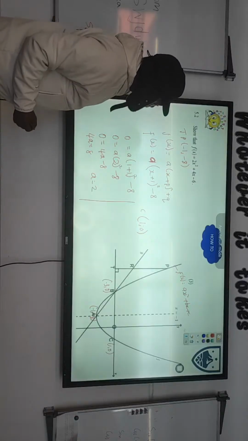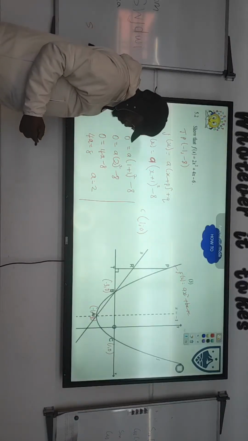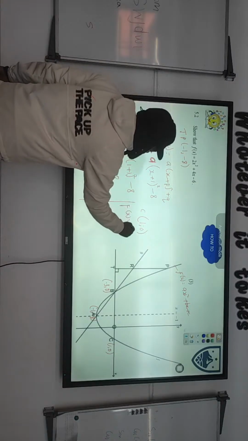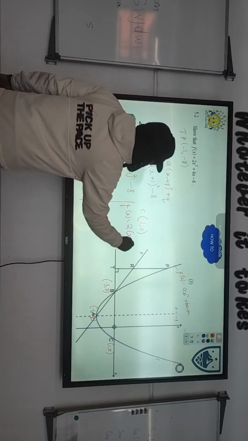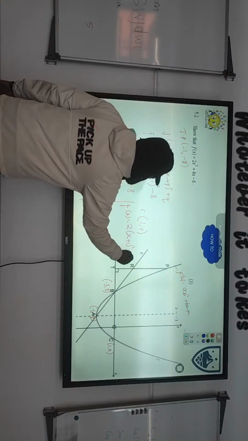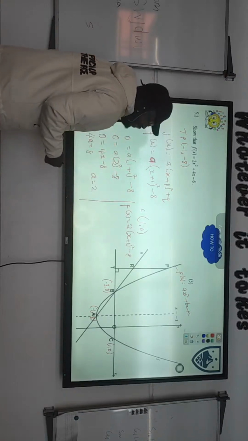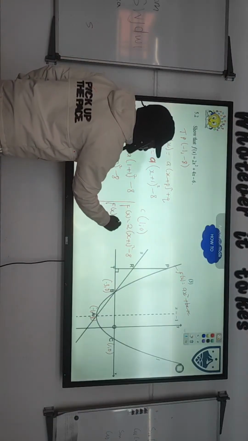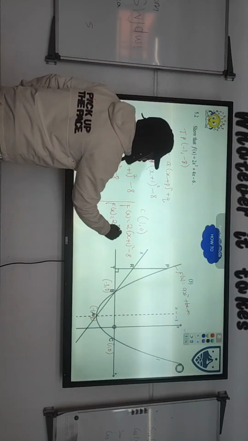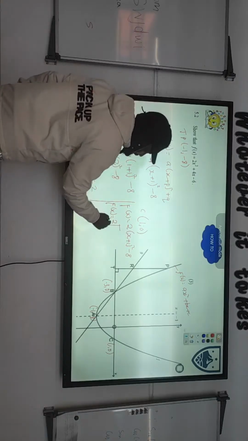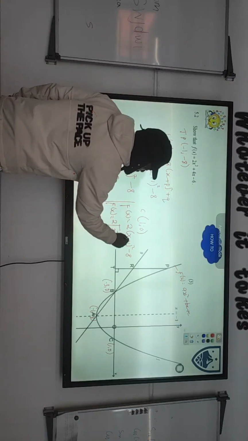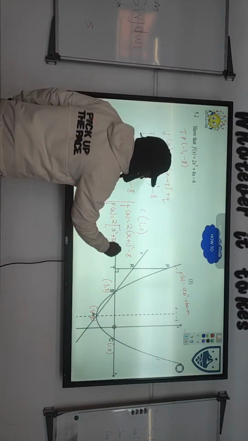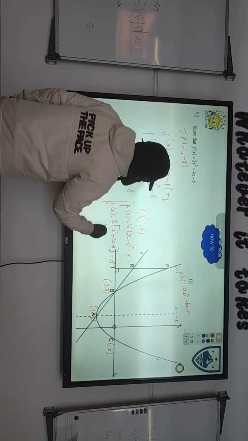And once I've done that, I can go back and substitute it back there. My f(x) is actually 2(x plus 1) squared minus 8. Then I expand that. This will be f(x) equals 2 multiplied by x squared plus 2x plus 1, minus 8.